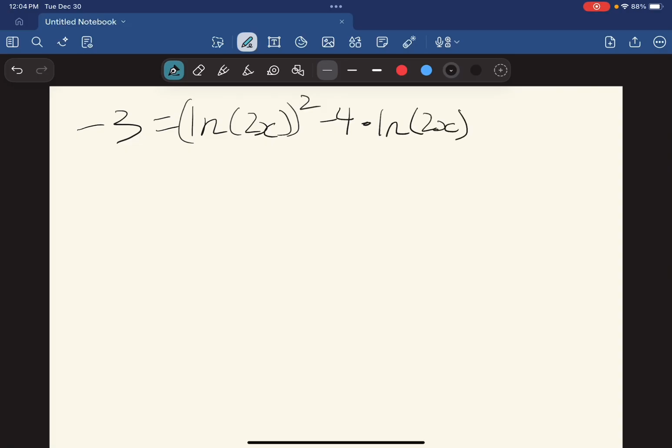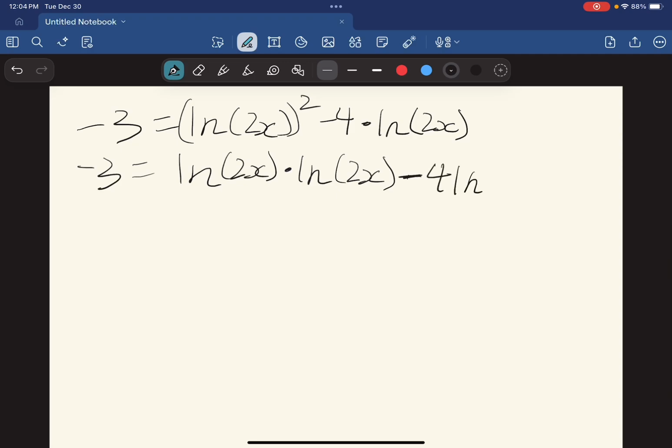And that we can further put as negative 3 equals ln of 2x times ln of 2x minus 4 ln of 2x. And we're seeing a common recurring theme of the ln of 2x, right?